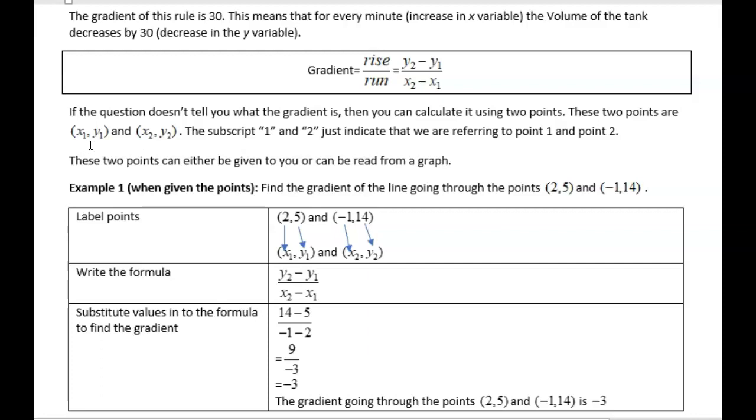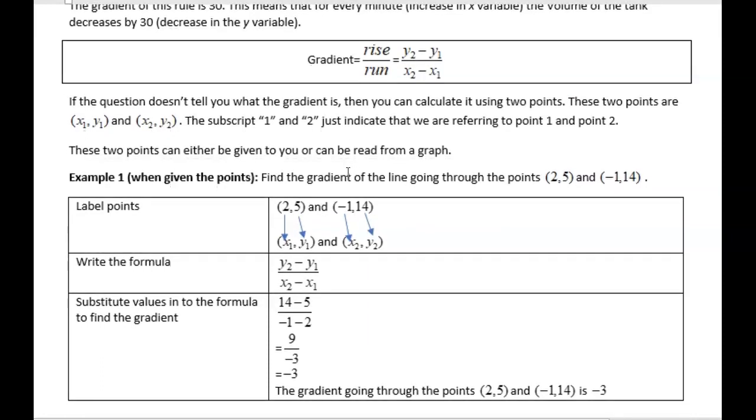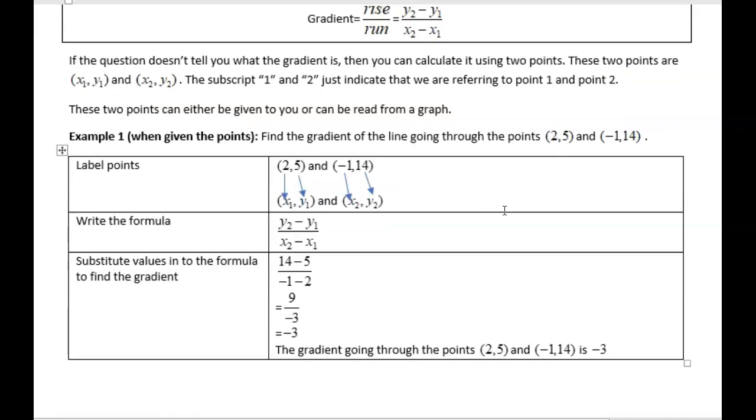Now we use x and y because that's how we state coordinates, and the 1 just represents the first point and the 2 represents the second point. These 2 points can either be given to you or you can read them from the graph. Okay, so the first example we're going to look at is one where they're given to you.